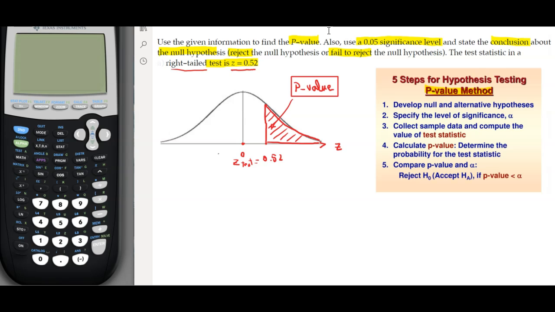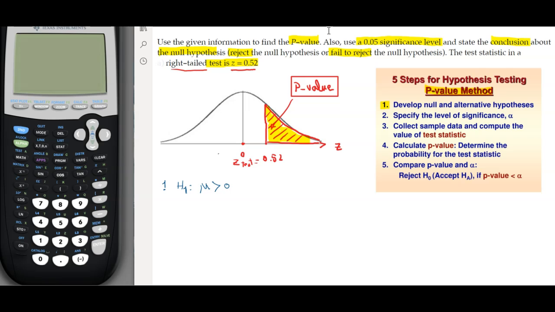Okay, so let's go through the steps. Here are the 5 steps of the hypothesis testing. The first step, we're going to describe the hypotheses, and looking at the tail here, it is the right tail, and this is nothing other than hypothesis h1. So in the first step, we're going to describe h1. h1 obviously here is on the right side, so we're going to compare it to the z0, and the mean is supposed to be greater than 0.